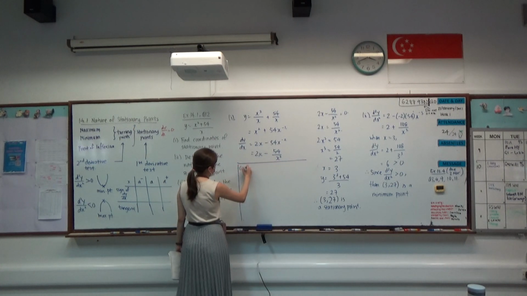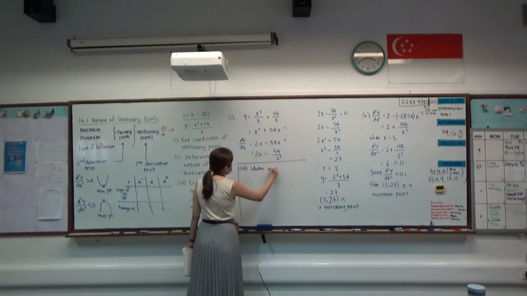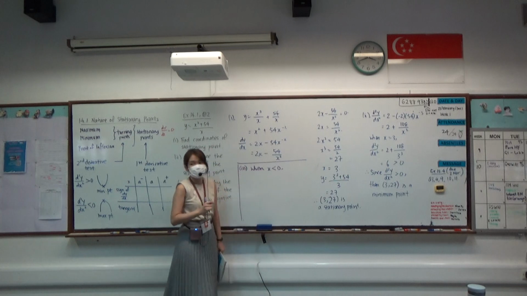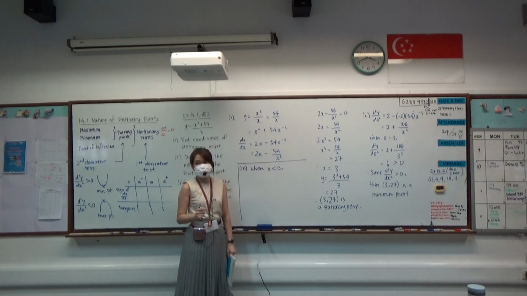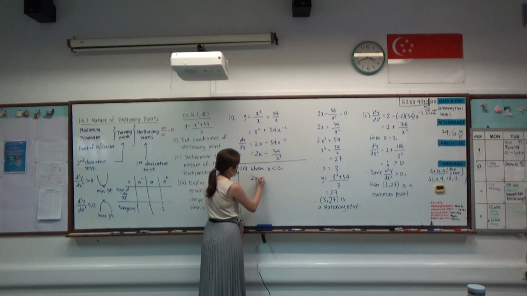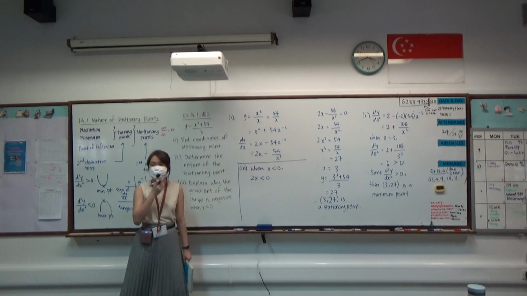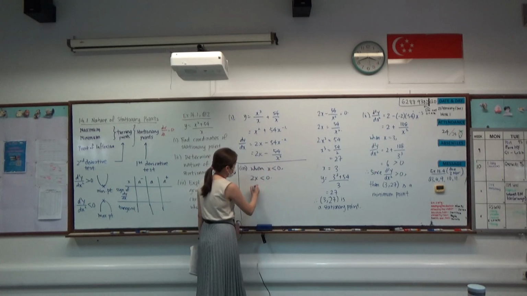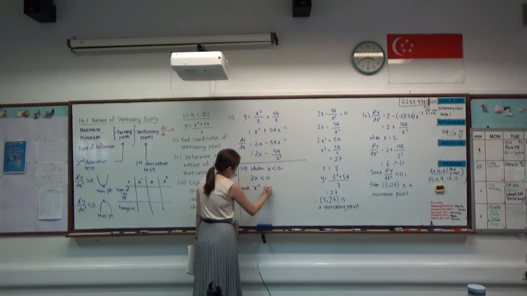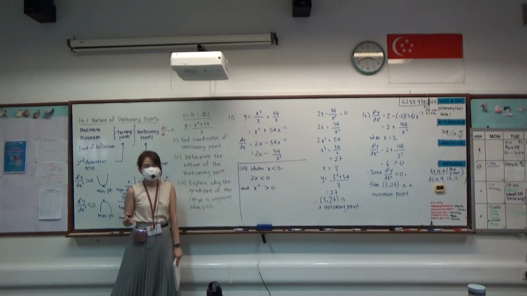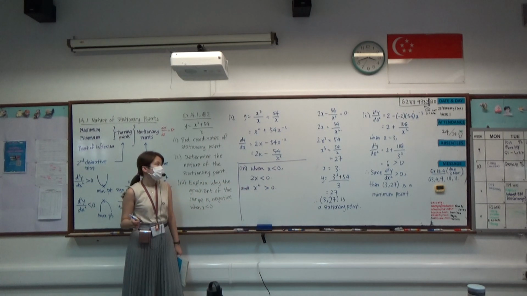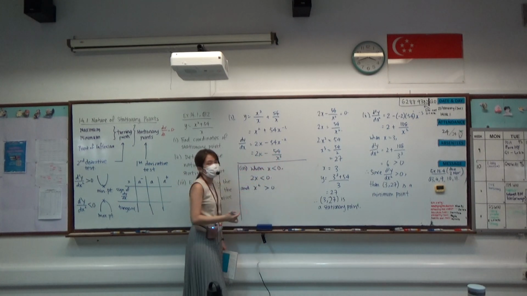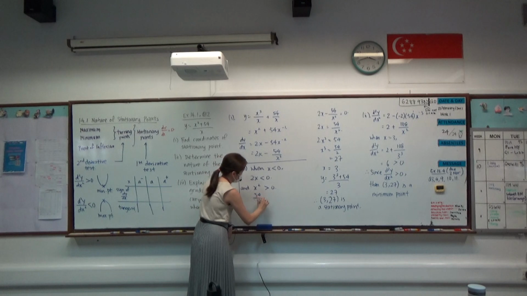So when x is less than 0, there are 2 parts to my dy over dx. One part is 2x. So 2x will surely be less than 0 when x is less than 0. After that, my x squared will surely be positive. So if this is a negative number, minus away, overall this fraction will still be a positive number.